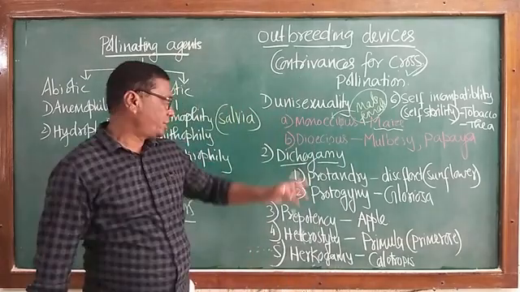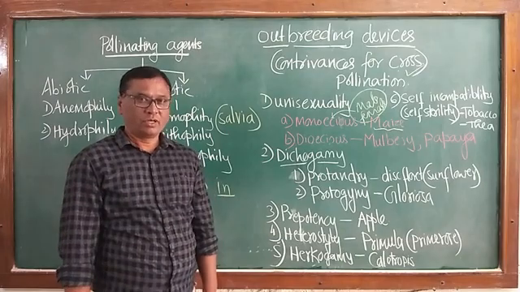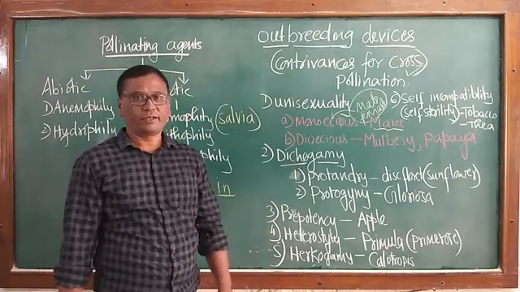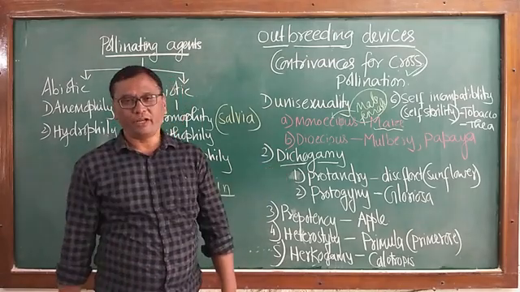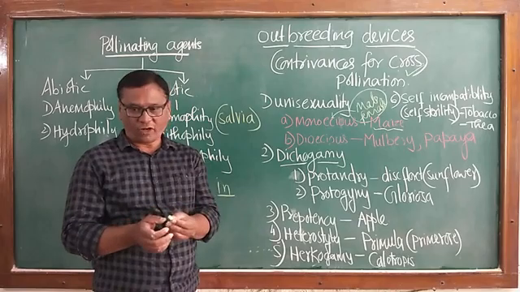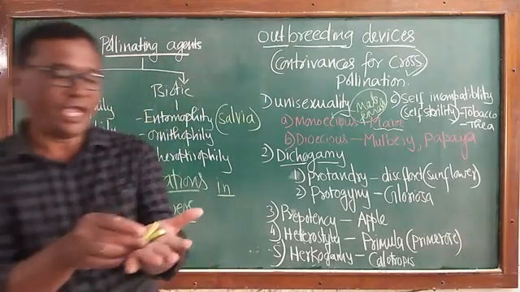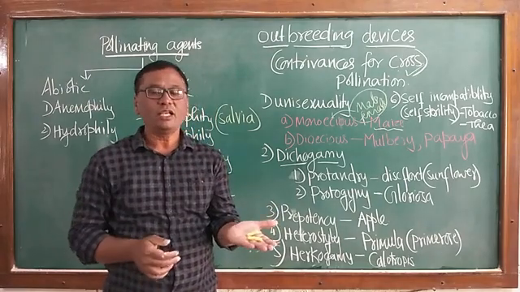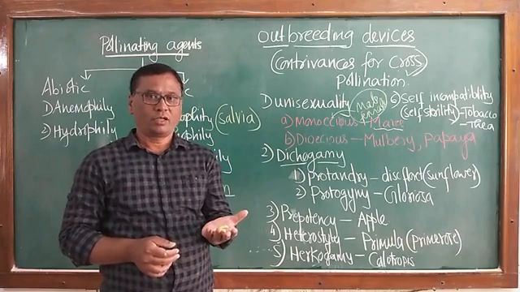The word gamy here refers to the maturation period. Dichogamy is an outbreeding device. It refers to the maturation period of bisexual flowers. There is a flower in which male and female parts, stamens and carpels, are present within the same flower.